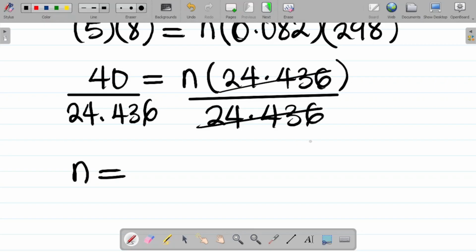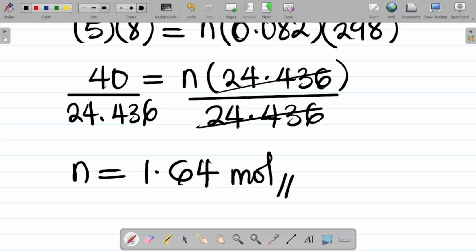If I punch this, my answer is approximately 1.64 mole. So the answer to this question is approximately 1.64 mole.